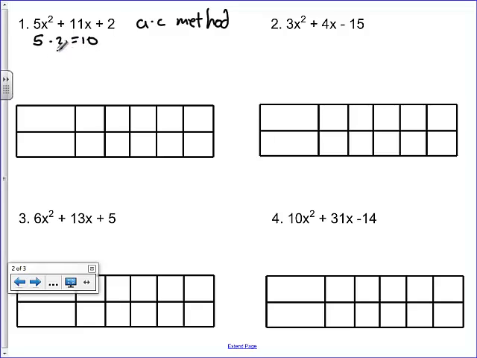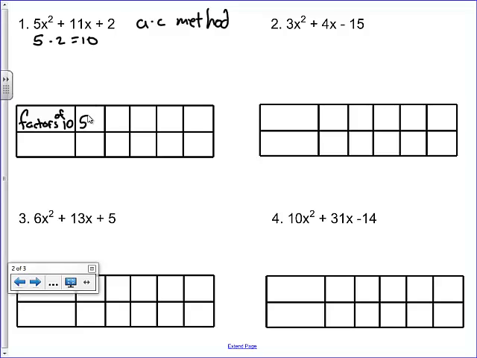And now we're going to take the factors of 10 and find out which ones add together to give me a positive 11. So the factors of 10, let's see, what do we get?